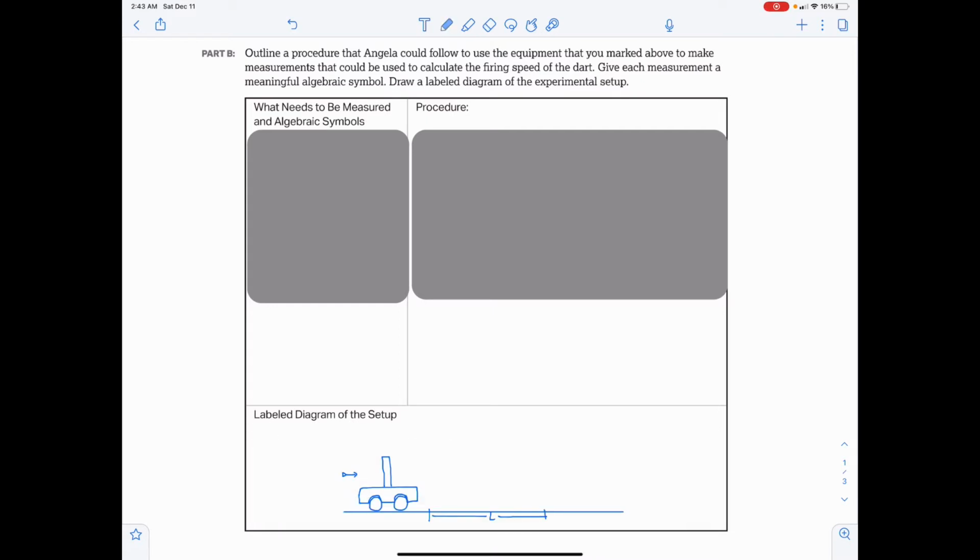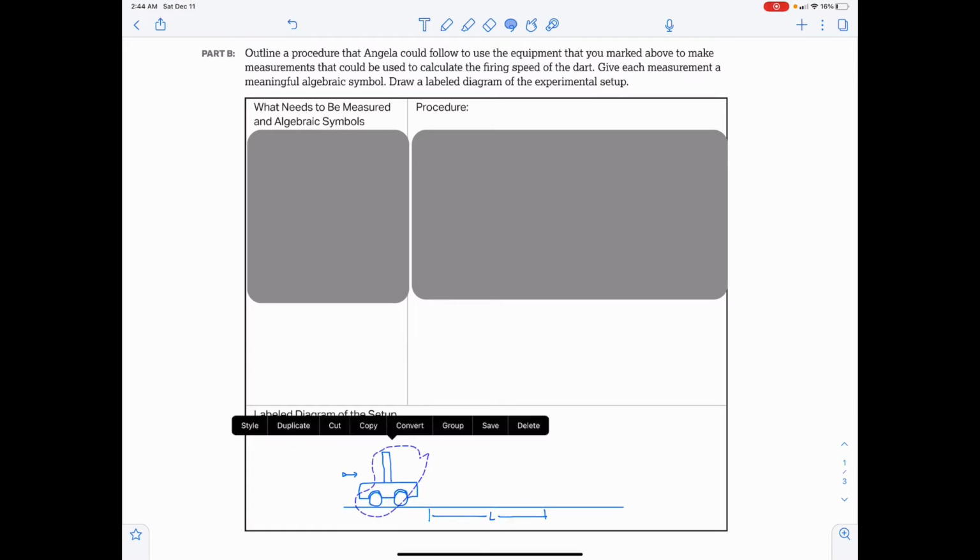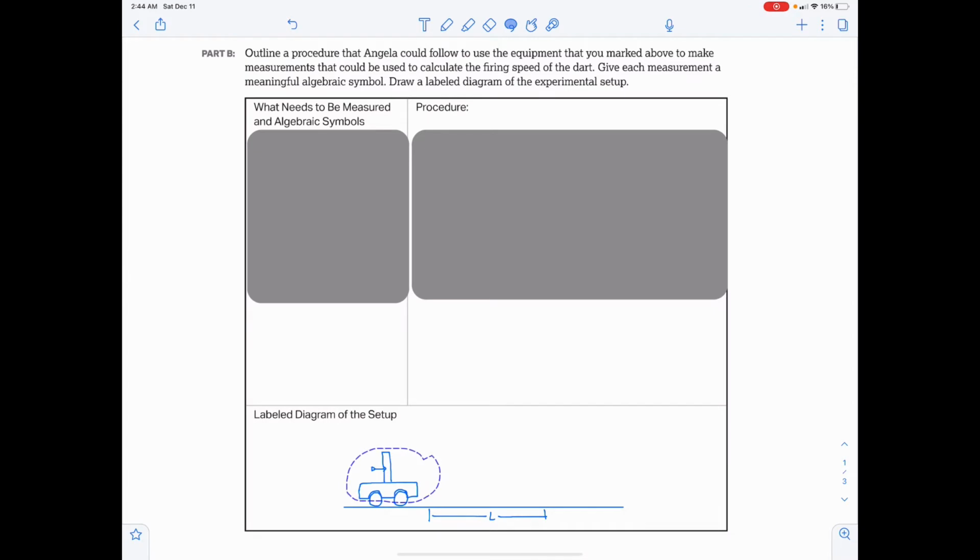The dart would fire into the block that's on the cart, and then afterwards, the cart and the block would then move. So the dart itself flies into the block and embeds itself. This would then roll a certain distance, a certain length, that the video camera could measure. So the velocity could be measured afterwards like this.